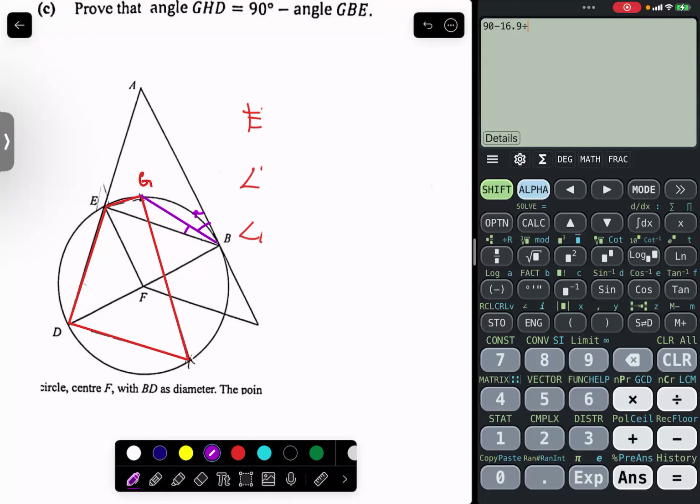However, we know that this is 45 degrees. Then what else? Semicircle. Prove that GHD, H is over here, GHD is 90 minus GBE.